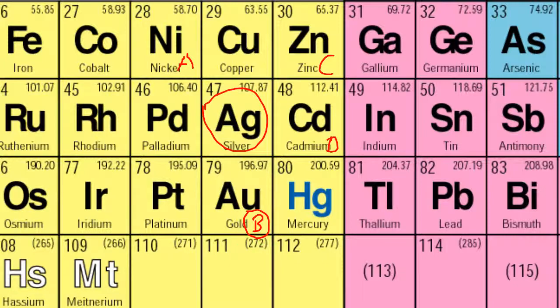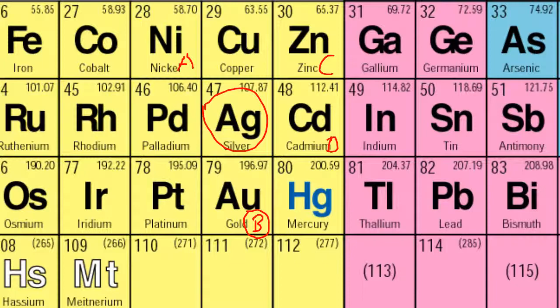Atoms in the same column share characteristics. So copper, silver, and gold all have very similar characteristics. They all have about the same rates of conductivity. They are about the same rate of reactivity. They oxidize about the same way.